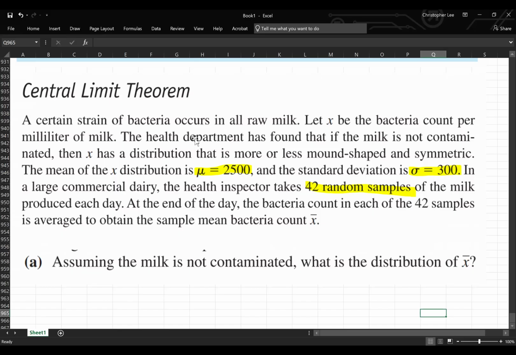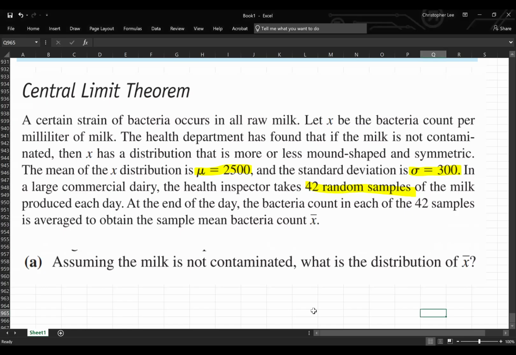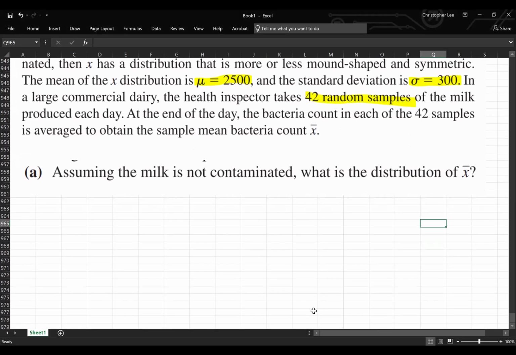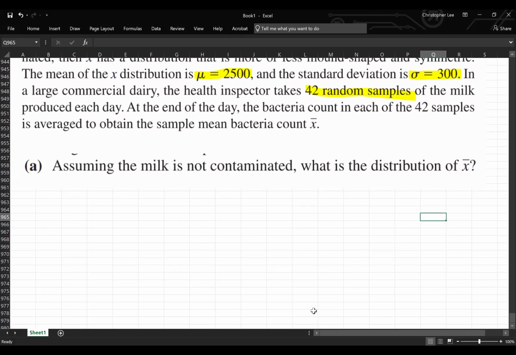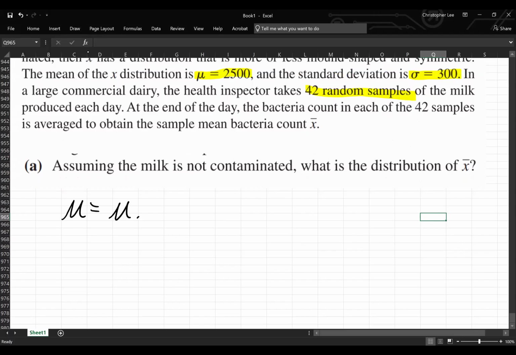All right. So our mean mu is equal to the mean for the X bar distribution, which is equal to 2,500.